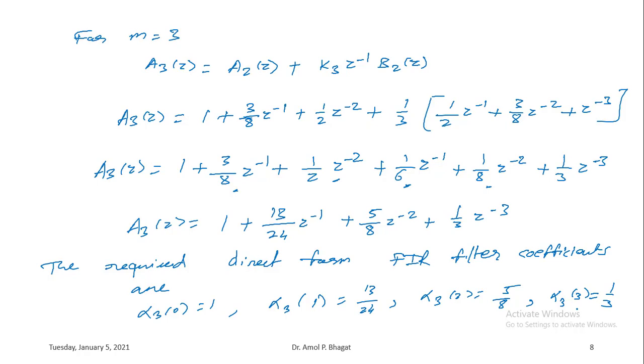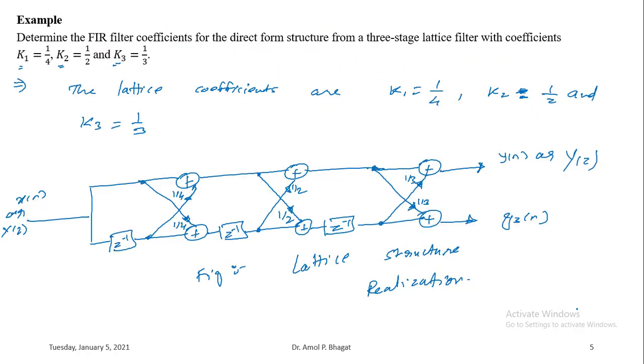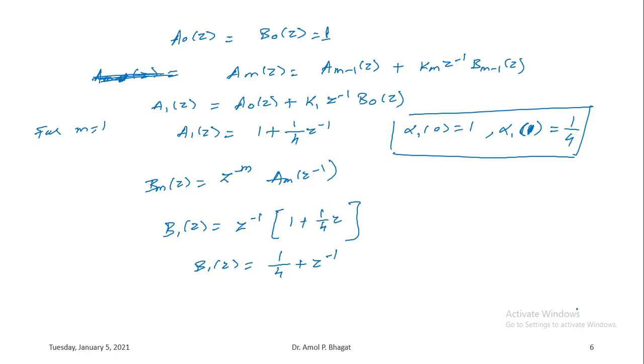So these are the required direct form filter coefficients. This is how you can obtain the direct form FIR filter coefficients from the lattice filter coefficients.